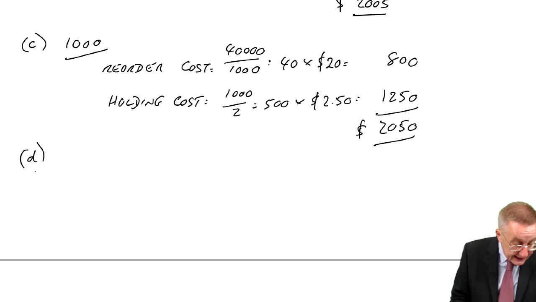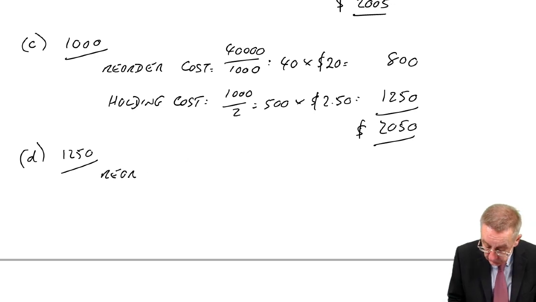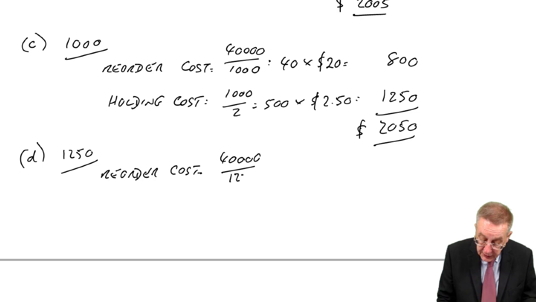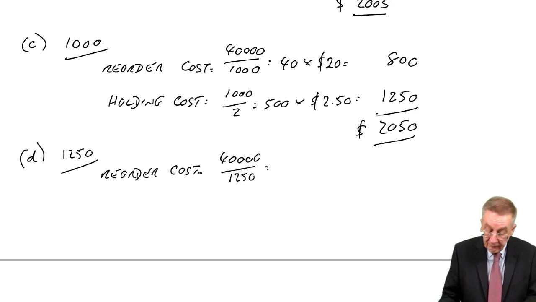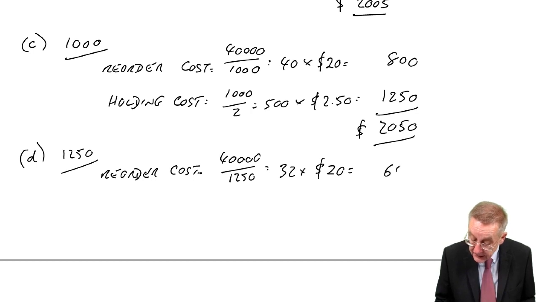And finally, D, 1,250. The reorder cost, which I can't spell: 40,000 needed a year, 1,250 each time. This time we'll have how many? 32 orders, $20 each time, $640.